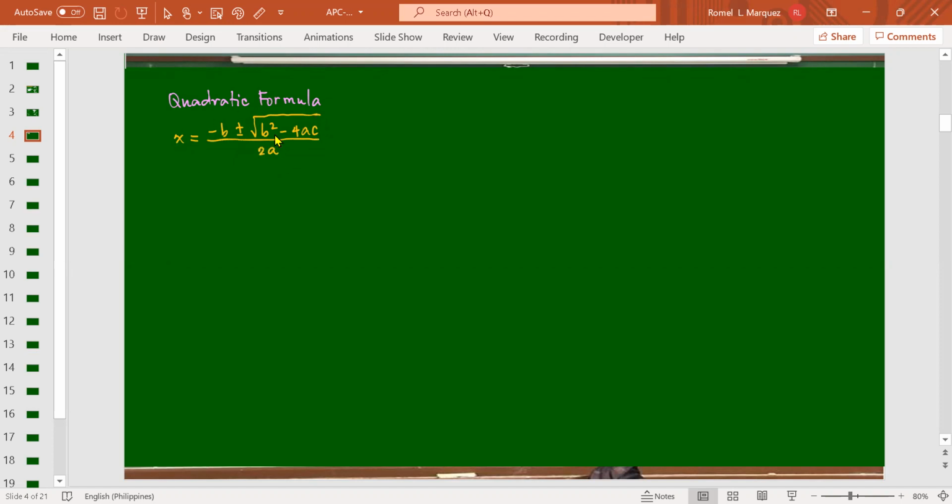So this is the formula to solve for the roots of equation of the form ax squared plus bx plus c equal to 0. Considering that a is not what? It's not equal to 0. Okay?